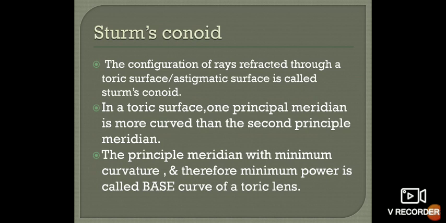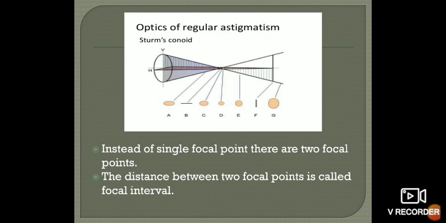And the principal meridian with minimum curvature, and therefore minimum power, is called the base curve of the toric lens. So this is a diagram showing refraction through a toric surface.